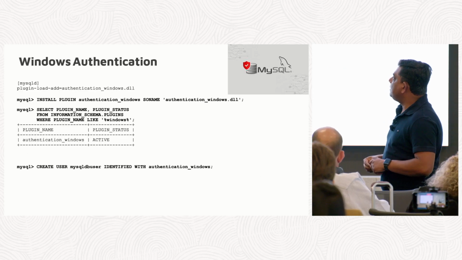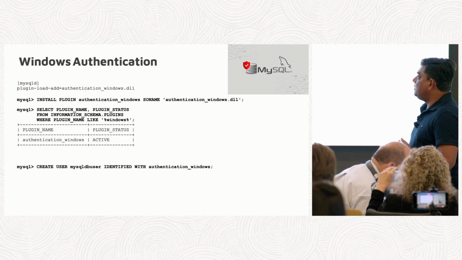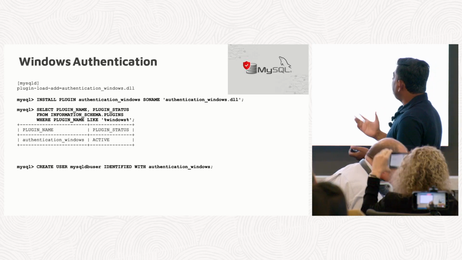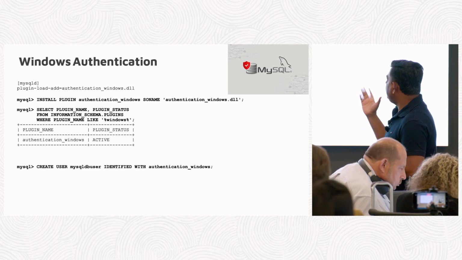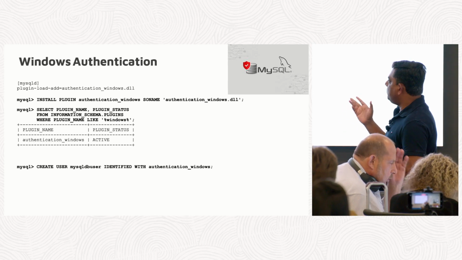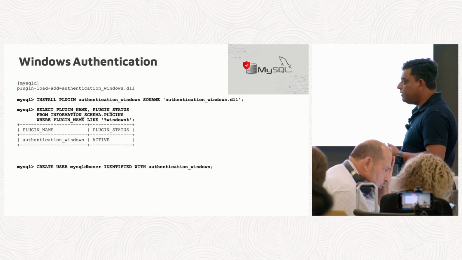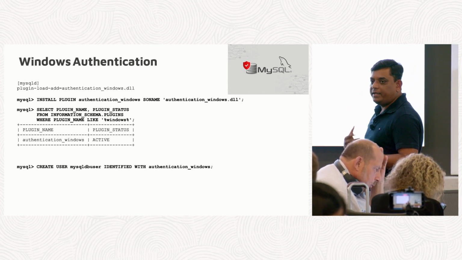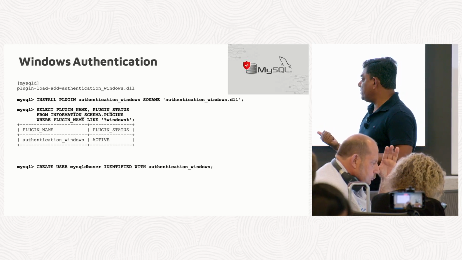The last one is Windows authentication. You install the Windows authentication DLL file, which takes care of setting up and activating the plugin, and then you can create a user with Windows authentication.